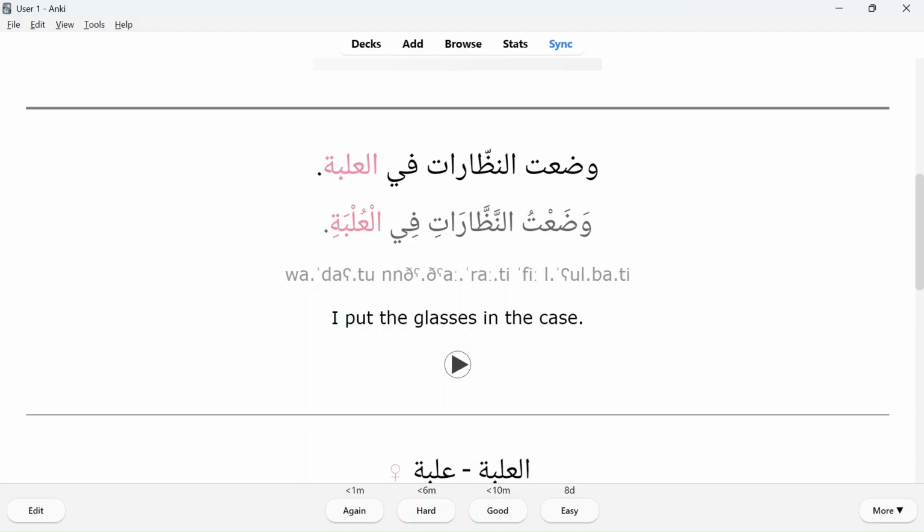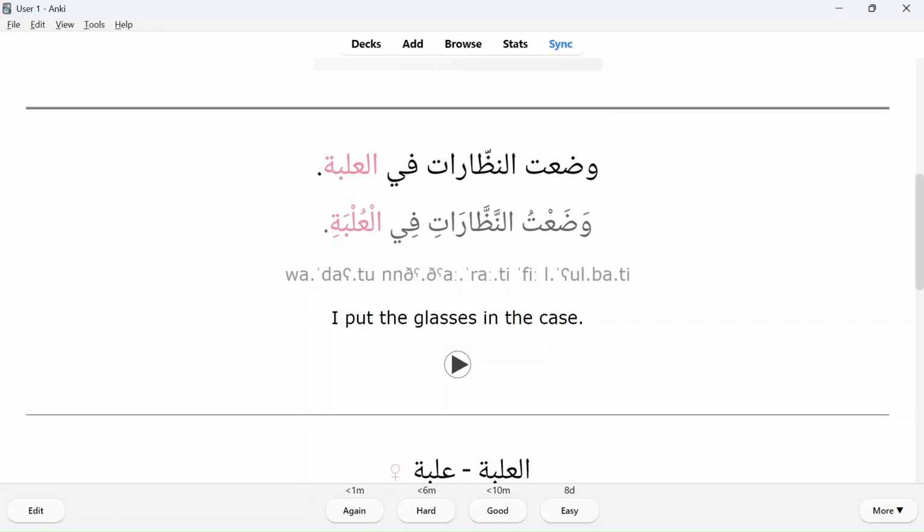Now, underneath that, we see something very interesting. We see the sentence, but then with harakat. But what is harakat? Well, the harakat are the small vowel and pronunciation marks written above or below Arabic letters. Arabic is often written without short vowels, so a word can be hard to pronounce when you are still learning.